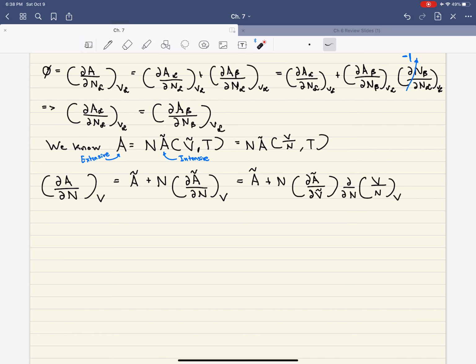And so the use in doing that, if I rewrite dA dN at constant V, it's going to be A squiggly minus N dA dV. And I'll write that this is at constant T.